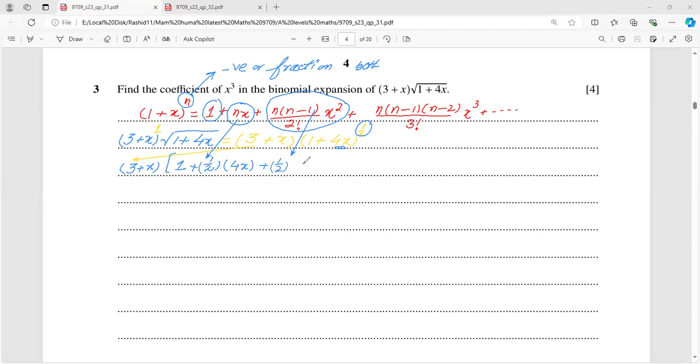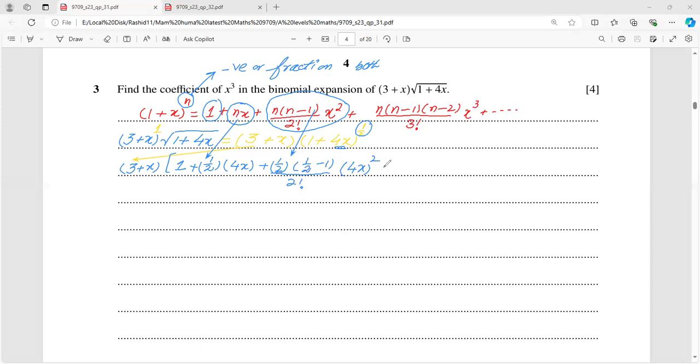Then you have to write n minus 1, 1 by 2 minus 1, divided by 2 factorial. Same term I am writing over here, multiplied by the square of 4x. Now, this square means the square of the whole second term.